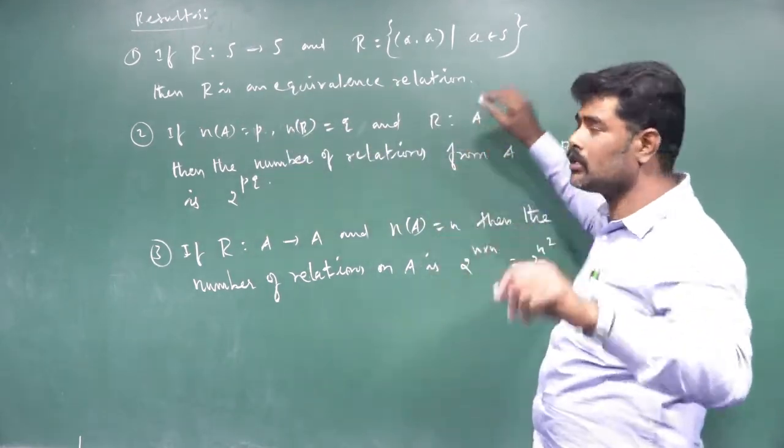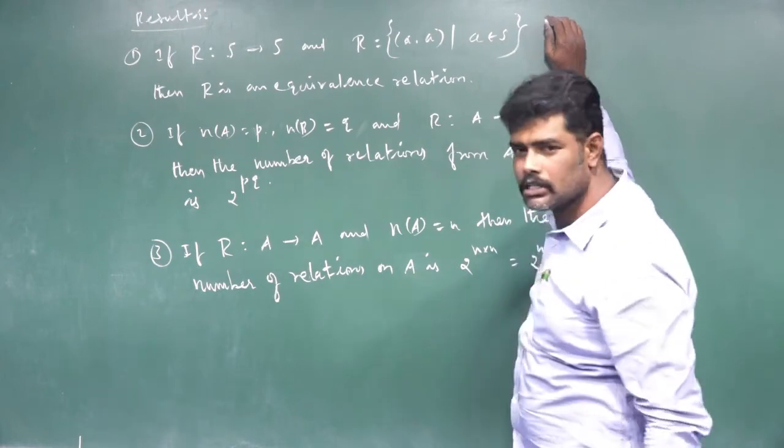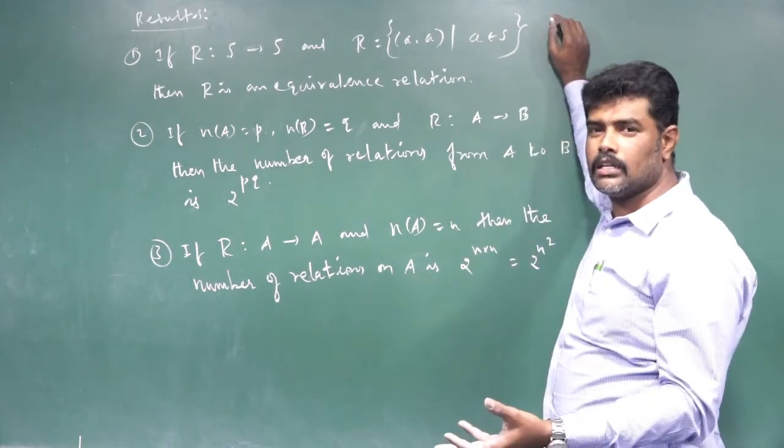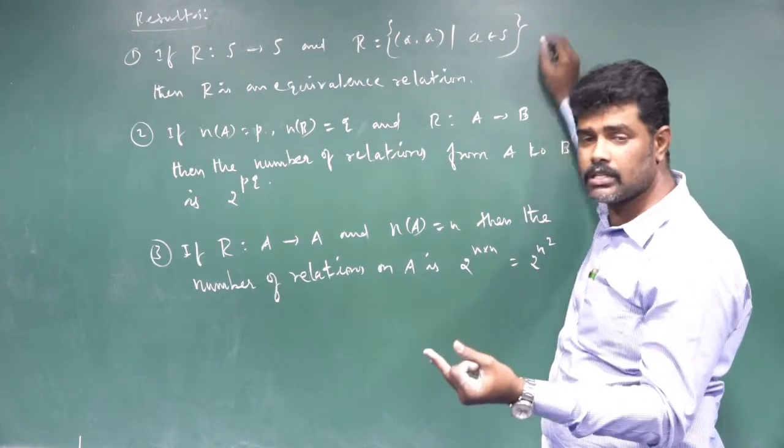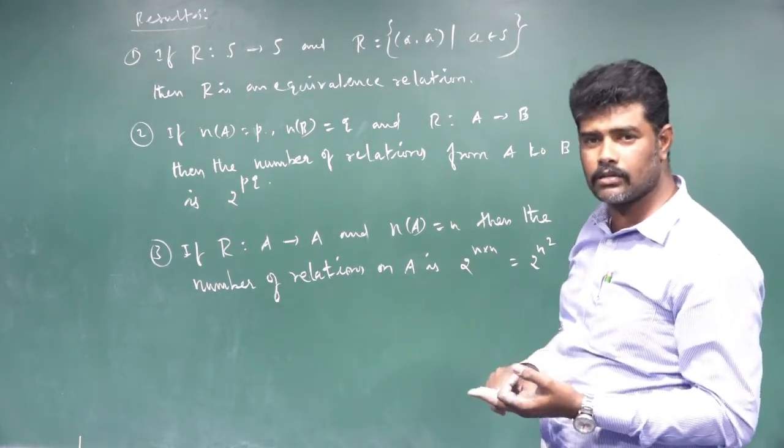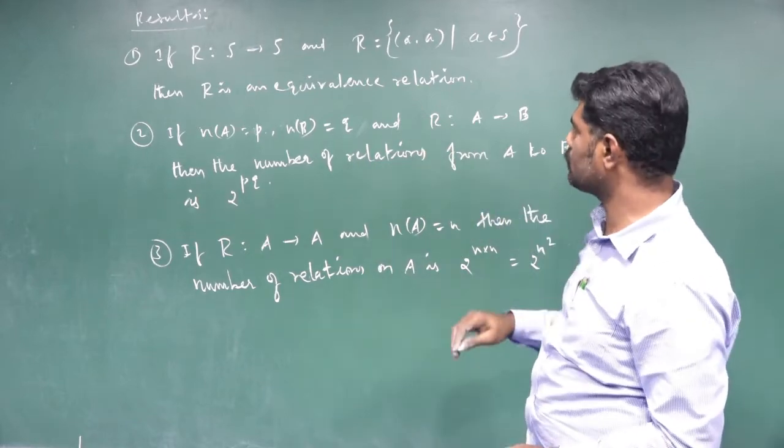Then you will think, how do you say this is an equivalence relation? Previously you said the conditions for equivalence relation are reflexive, symmetric, transitive. If all the three are satisfied, then only it is called an equivalence relation.